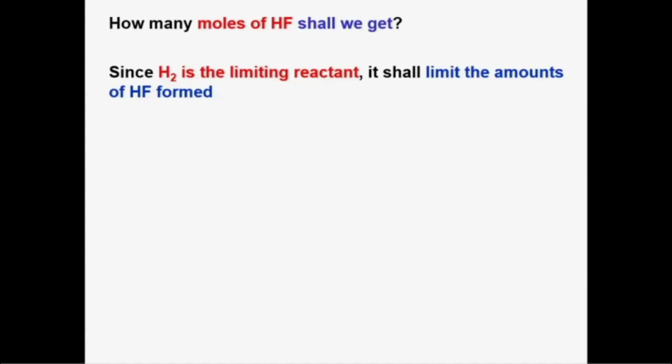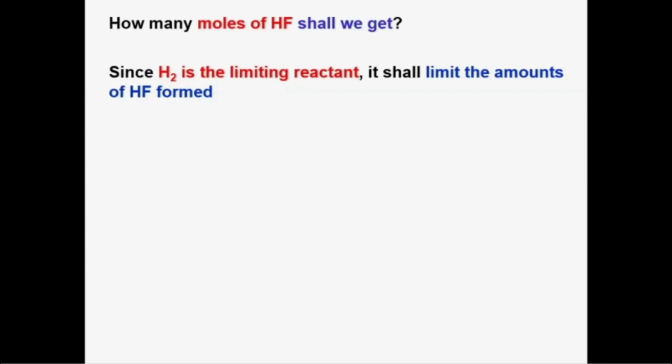Since hydrogen is the limiting reactant, remember the definition: a reactant which is completely consumed in a chemical reaction and limits the amount of products formed. So in this case, hydrogen shall limit the amount of hydrogen fluoride formed.